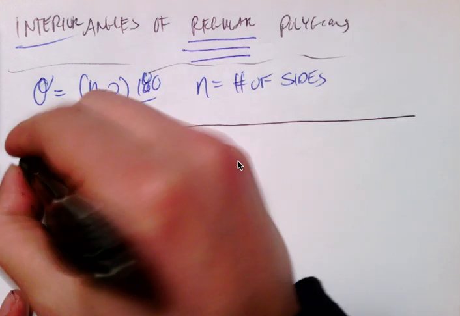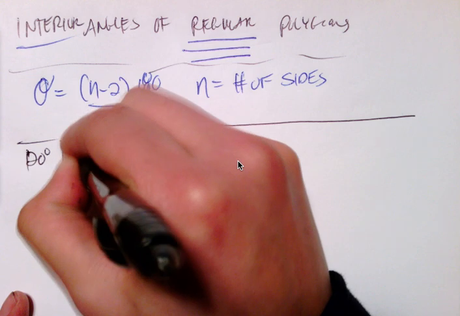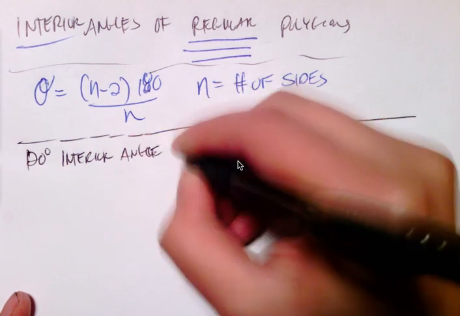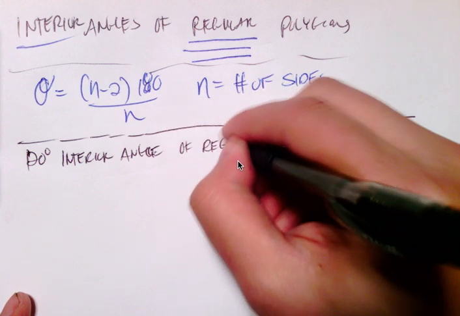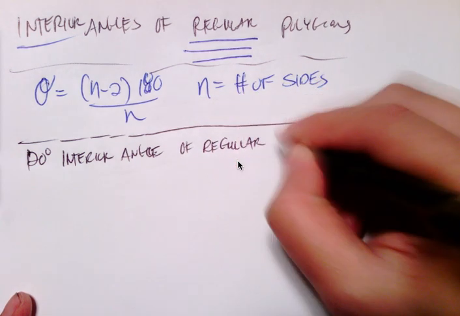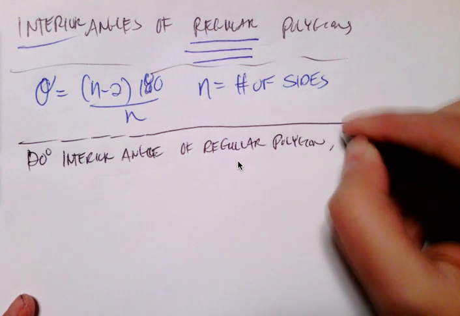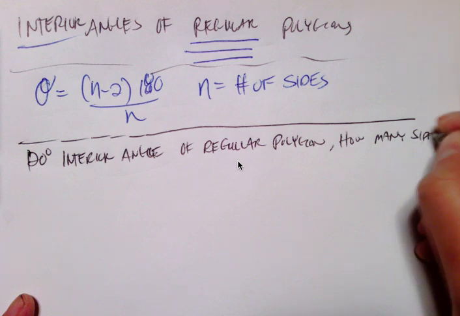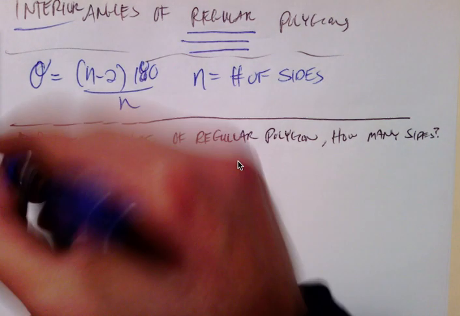So let's say they give you a 120 degree interior angle of a regular polygon. How many sides?